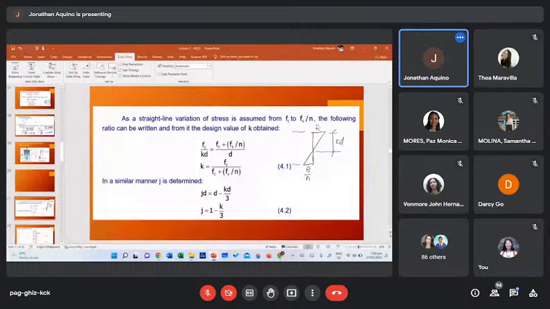o effective depth. So similar triangle, so this triangle is just simply equal to the bigger triangle. So ito project natin ito doon.